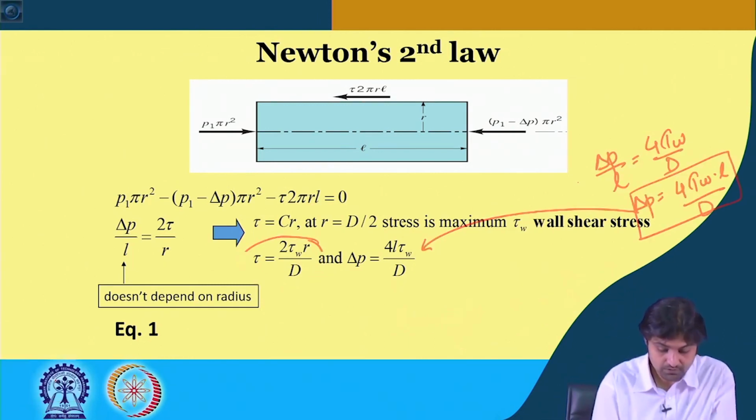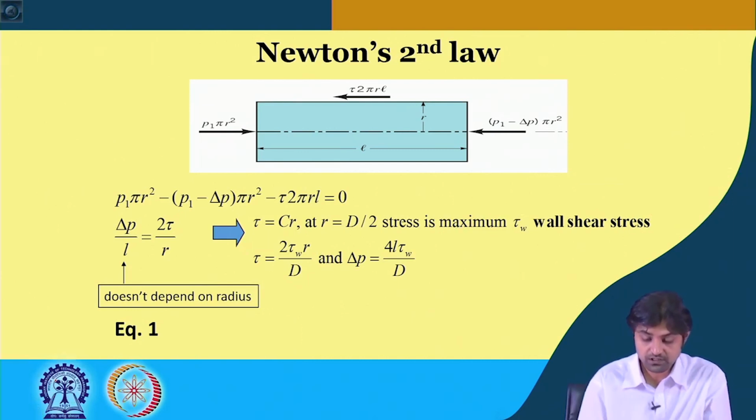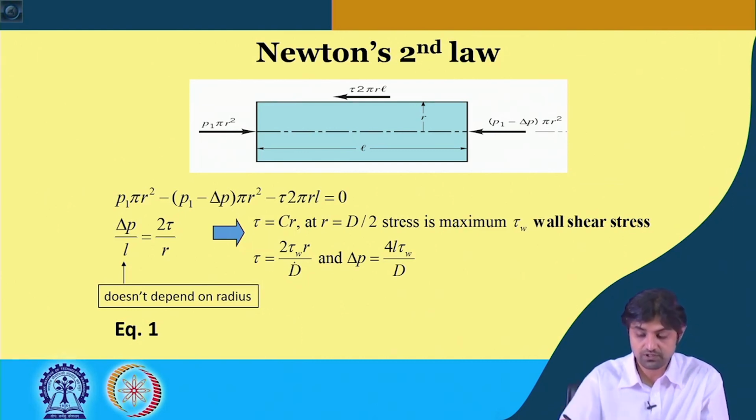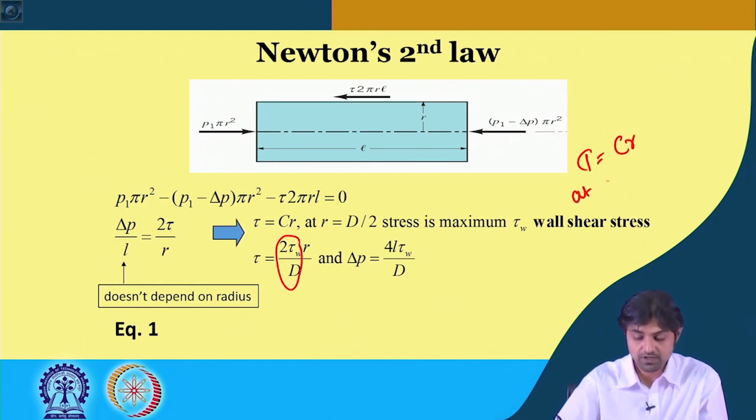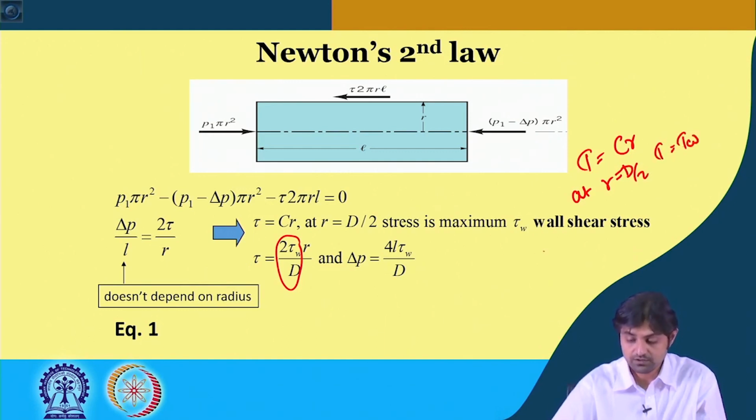Now you might have a question: how did we get C? So let's go back a little bit. You might ask how this C becomes 2 tau w by D. So see, we have written tau is equal to CR, so at r is equal to D by 2, tau is equal to tau w, correct? So we substitute this in this equation here, we get tau w is equal to C D by 2.